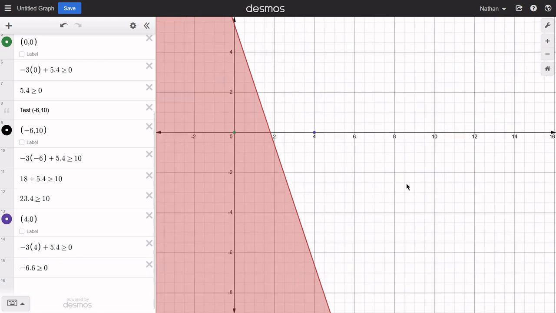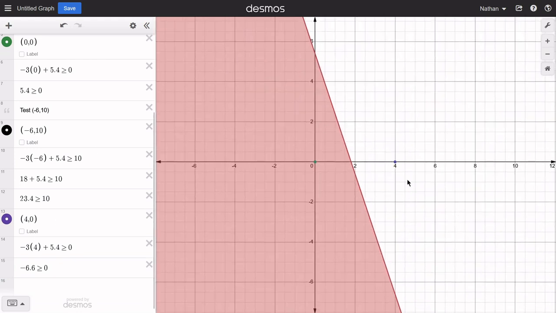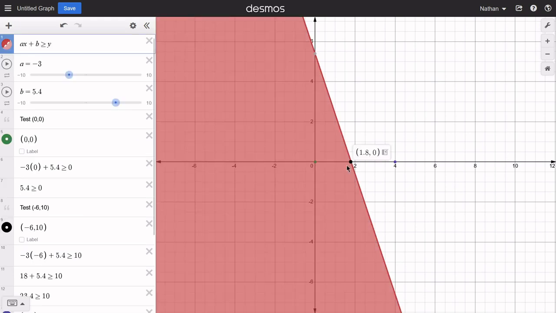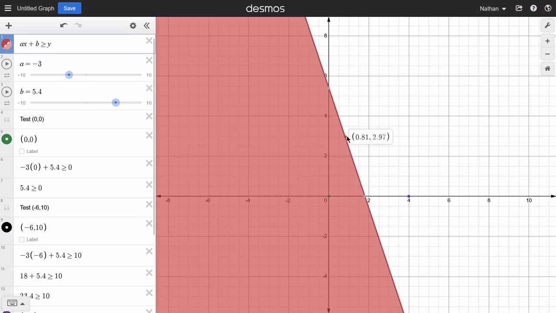Of course, I can test any of these points. One thing I should test really quick, though, is a point on the line. And let's test a weirder point, like something up here.